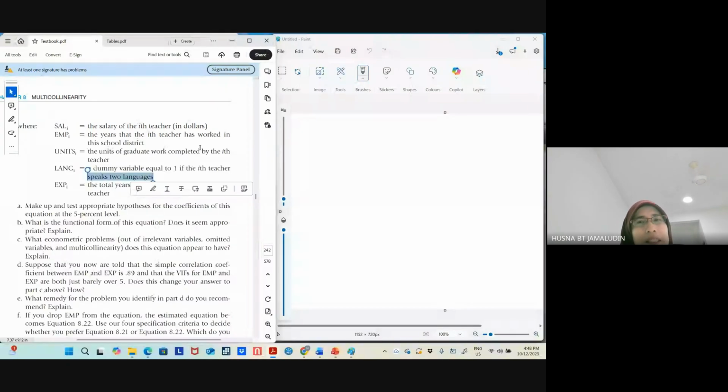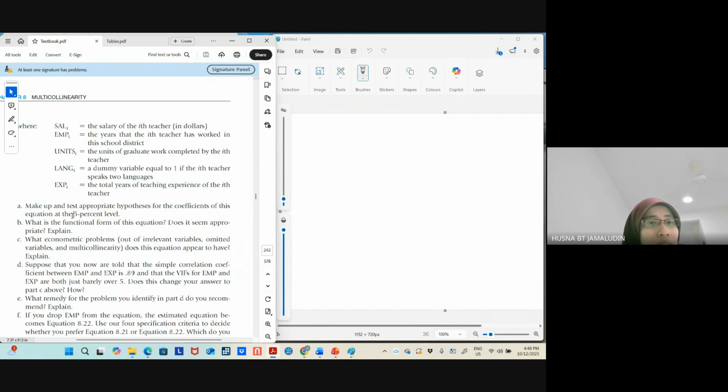But for a school teacher, hmm, I personally don't think this variable will be relevant, but it's okay. Just keep in view. Experience, of course, right? When the teacher has more experience in teaching, the salary will be high.